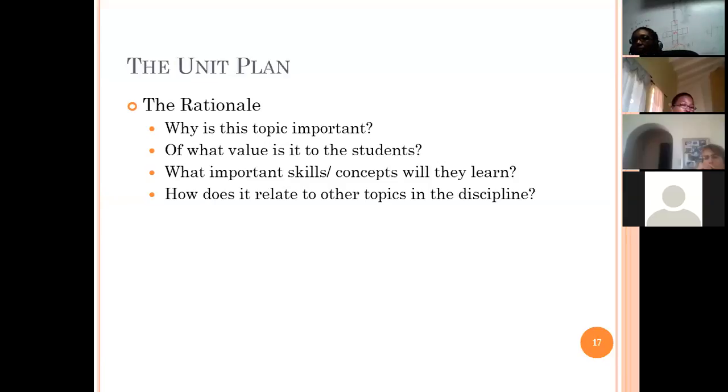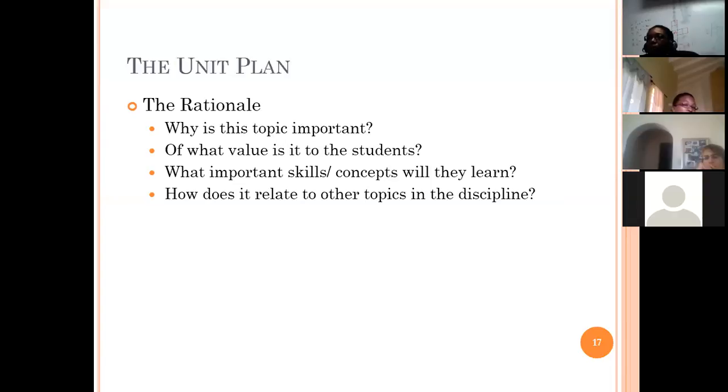And you will do some of this with your practicum supervisor as well as your cooperating teacher if you're going into the school, or your head of department if you're already in a school. Okay, so the unit plan, you're going to get some more time to work with this, because this does require a bit more work.